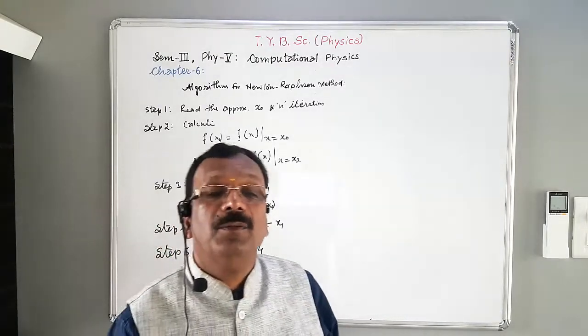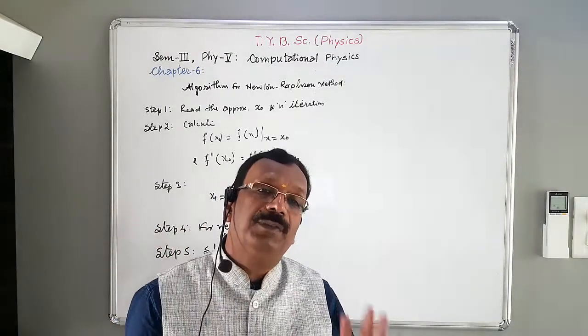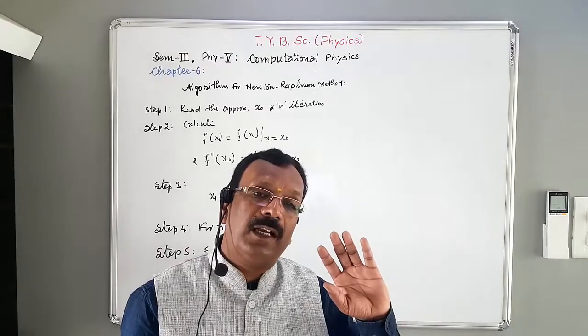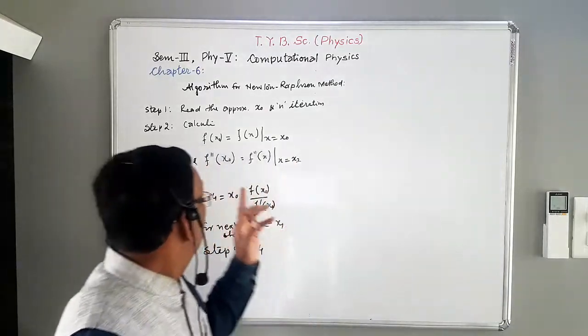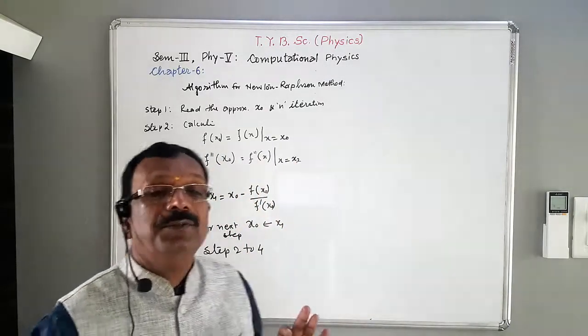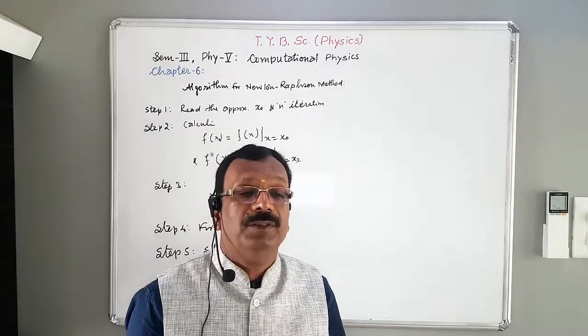until the given number of iterations is completed. If there are 4 iterations, then we have to repeat steps 2 to 4, four times.